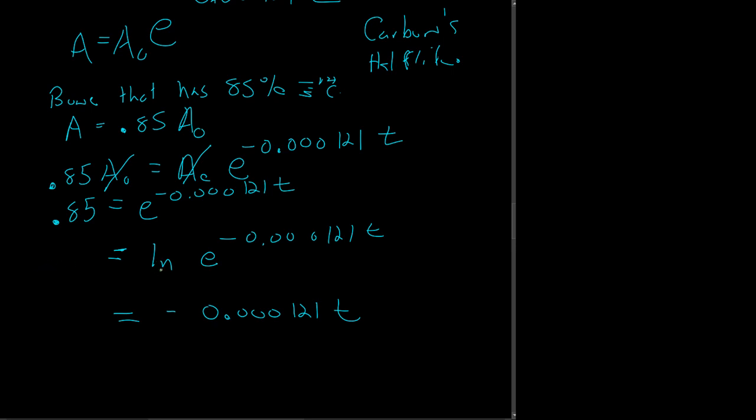Well, if I take the natural log of the right hand side, what do I have to do to the left hand side? The same thing. Take the natural log of the left hand side. And so I'll solve for t: ln 0.85 divided by negative 0.000121.